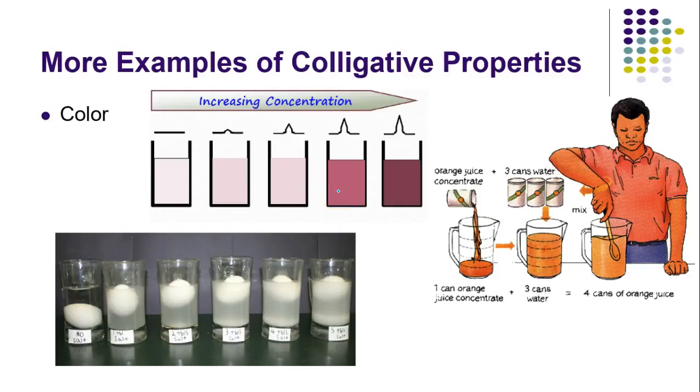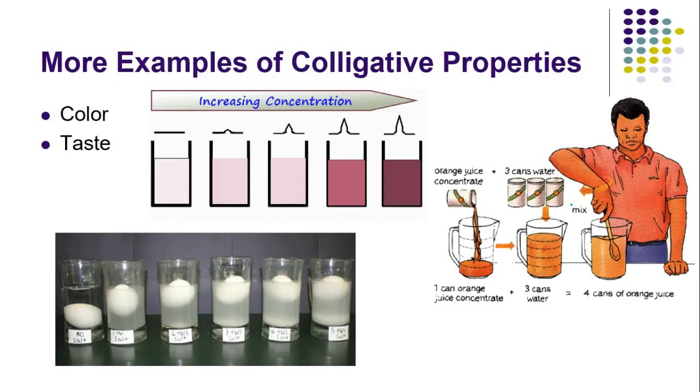So it's changing as my concentration is changing. The other thing is taste. So same thing, if this was Kool-Aid powder, it's going to get stronger in taste. Or if I'm diluting concentrated orange juice, the taste is going to change. So it's a property that will change based on the concentration.